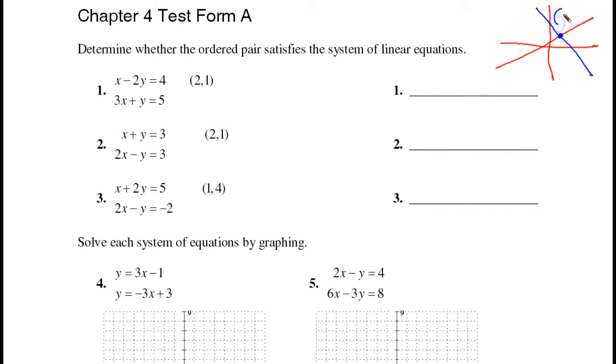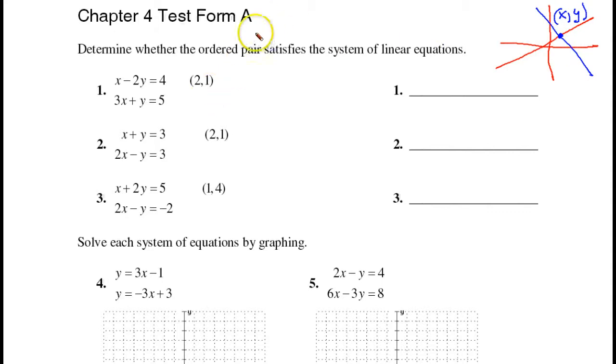This ordered pair is a solution for both of these equations. And we say we have solved these equations simultaneously. And one of the methods we'll use is graphing.